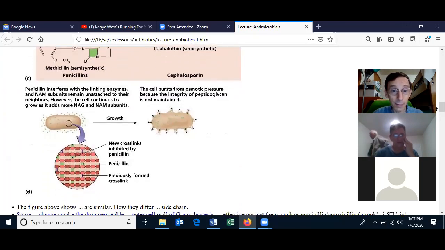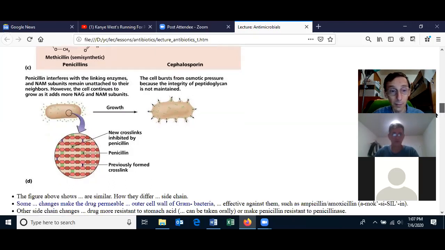Now, this has to happen when the cell is actively putting down its cell wall, and the penicillin family of antibiotics works best when the bacteria is actively growing. So if you give another antibiotic that slows down the growth of the bacteria, the penicillin won't work as well. Is that clear?